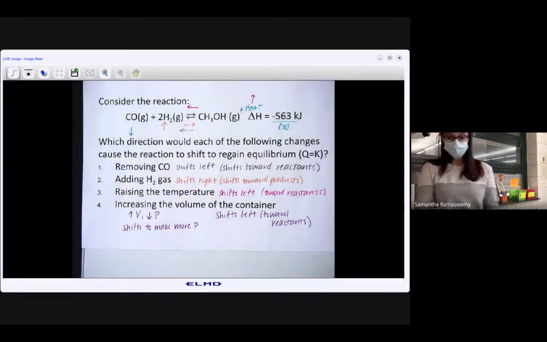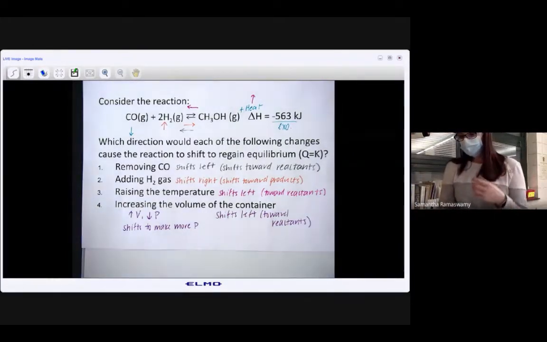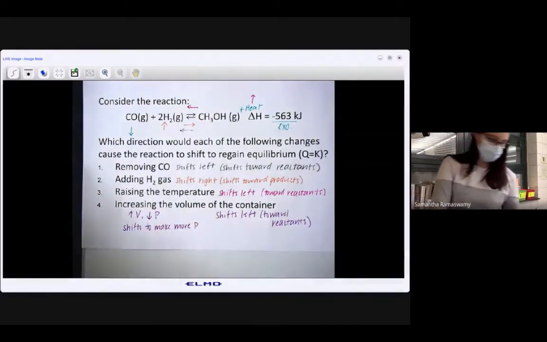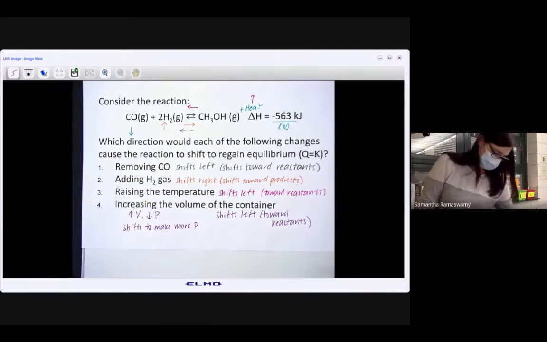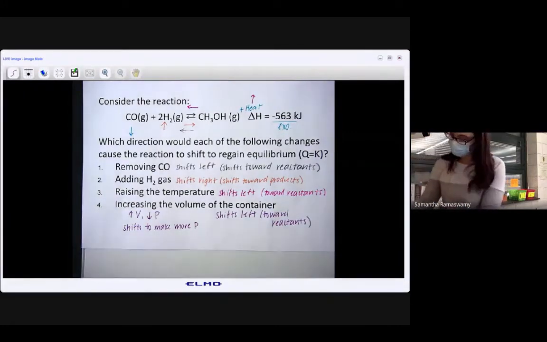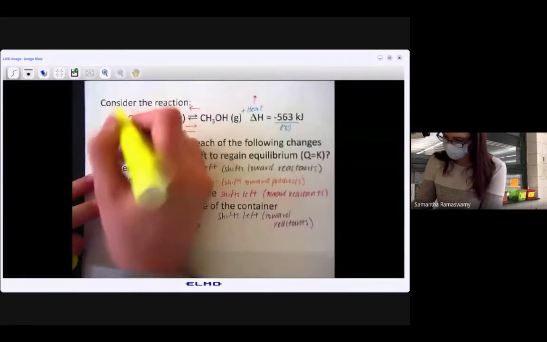Yeah, so you're just adding. When you're looking at counting the number of moles of gas, because that's what you need for the Kp and Kc conversion, you're just looking at the coefficients.